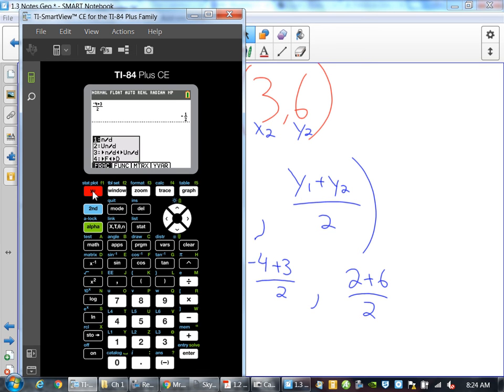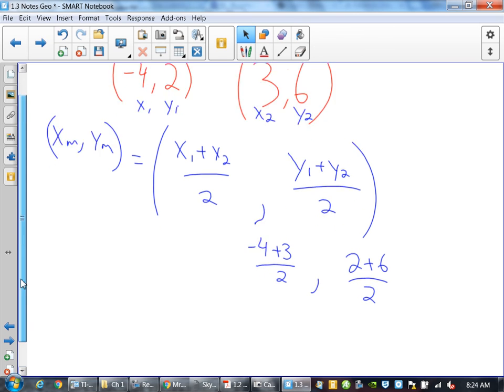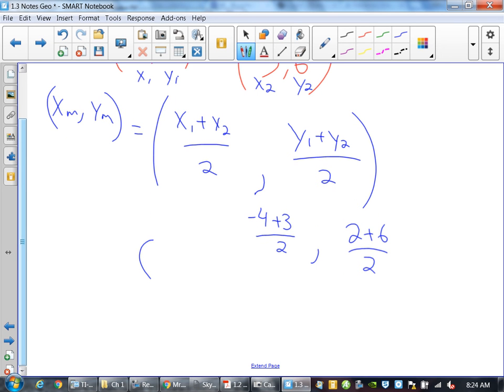Alpha y equals for mine: 2 plus 6 over 2. It's 4. So my midpoint is located at -½ and 4. And that's how that works.